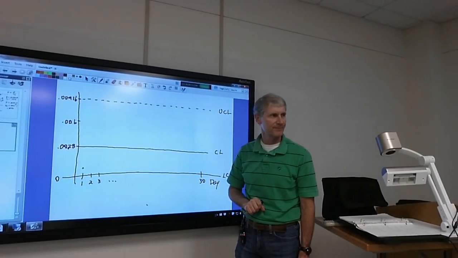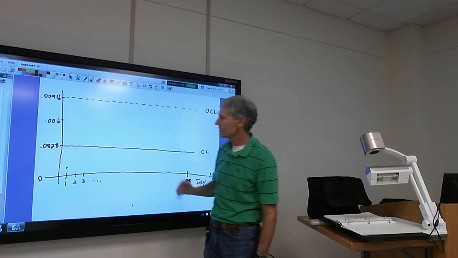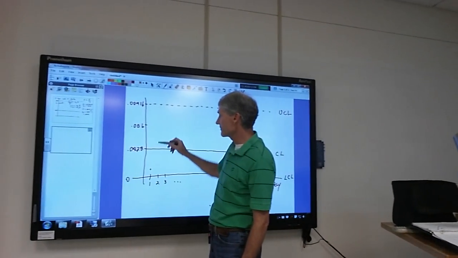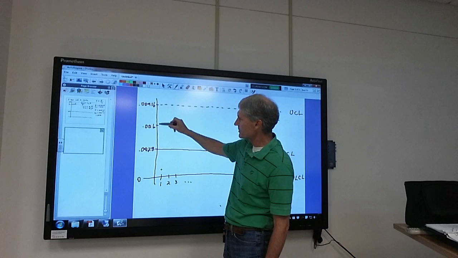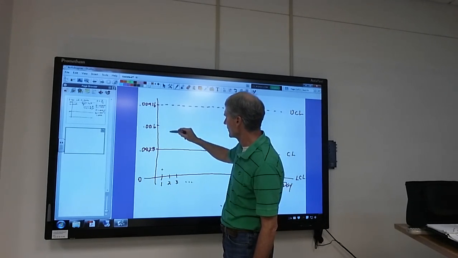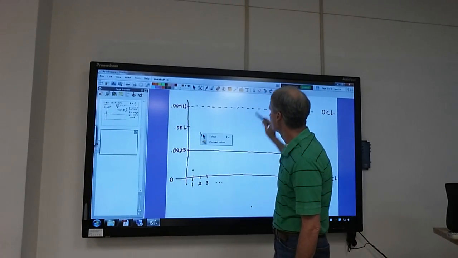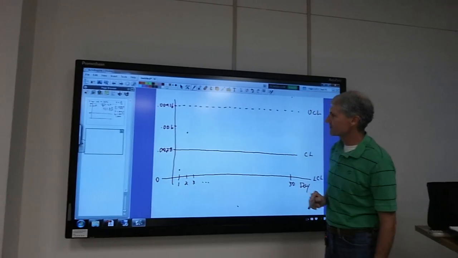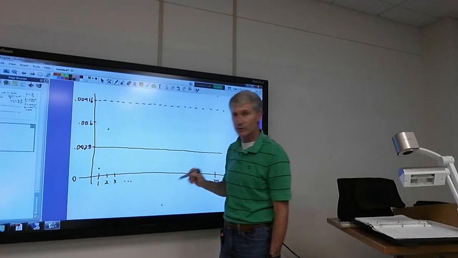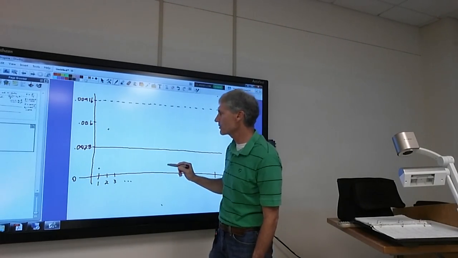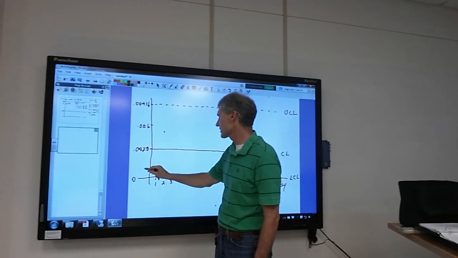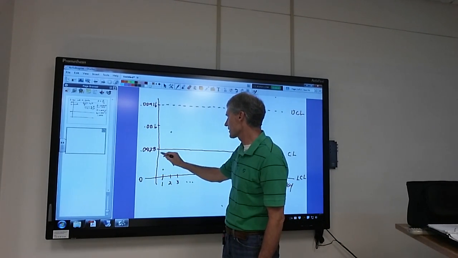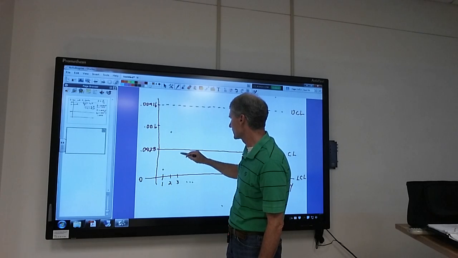And what was the next one? 0.005. This is 0.003, 0.006, so it's up about right in there. And then 0.002. Okay, so that's just a little below that center line.